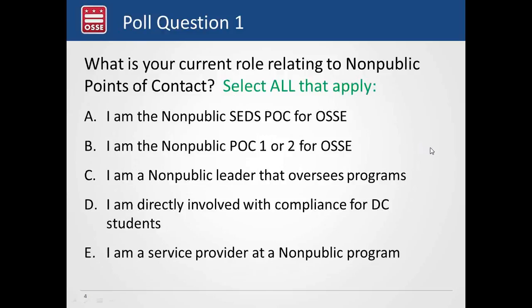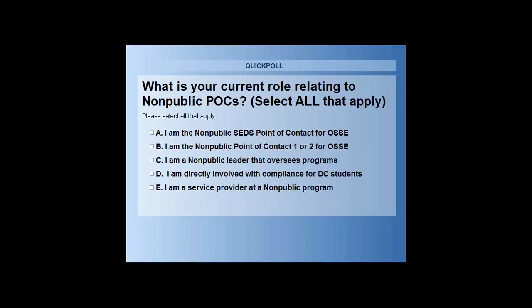Now, before we get started, I would love to find out more about our audience. So I'm going to ask you to take a poll question right now. So please select any of the above that apply. You can select more than one choice. What is your current role relating to non-public points of contact? Are you the SEDS point of contact? Are you the non-public number 1 or number 2 overall contact with OSSE? Are you a non-public leader that oversees your programs? Are you directly involved with compliance for DC students? And maybe perhaps you're a service provider.